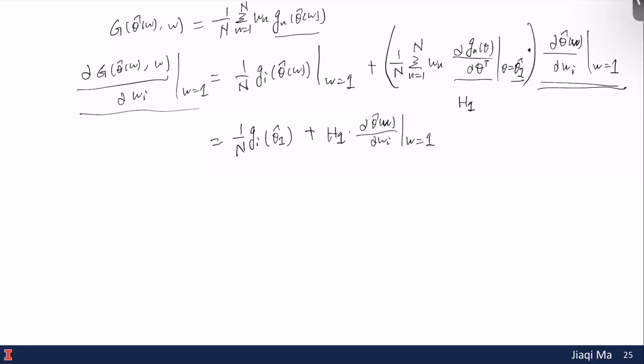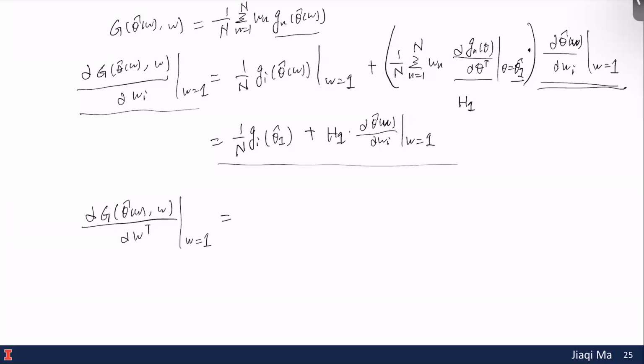Now, this is for one term, for one i. Now it's not very difficult to see that the full gradient, partial G theta hat W partial W transpose evaluated at W equals 1, the full derivative would be, basically we just stack the things, right?